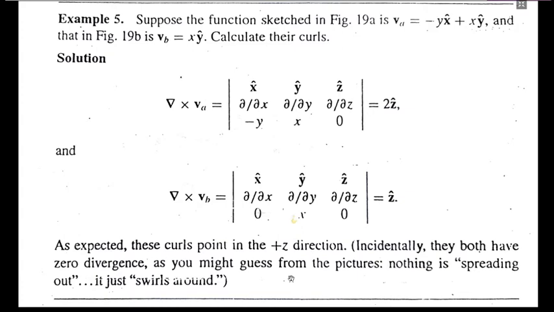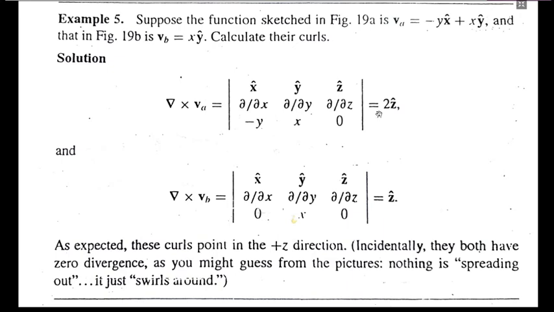Suppose you want to measure the curl of va, that is del operator making a cross product with va. How to write it out? In a determinant, x cap, y cap, z cap in the first row, and in the second row the operator, that is on the x axis, y axis and z axis, and this particular vector function v is x cap with minus y and y cap with x, and z is 0.